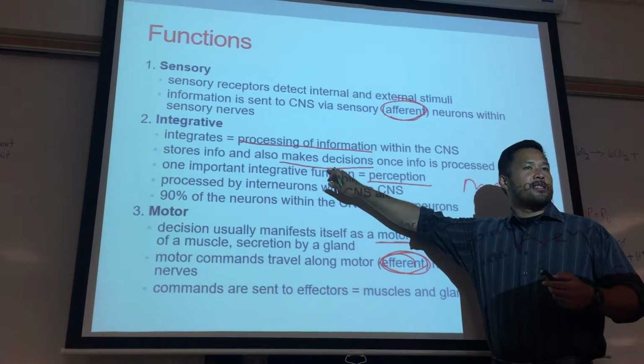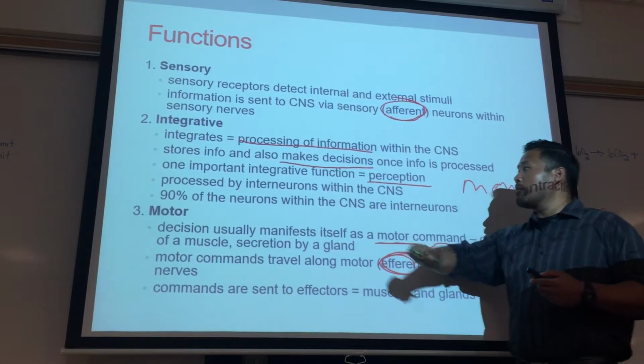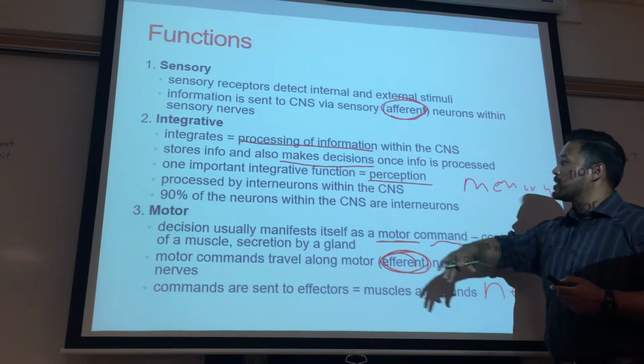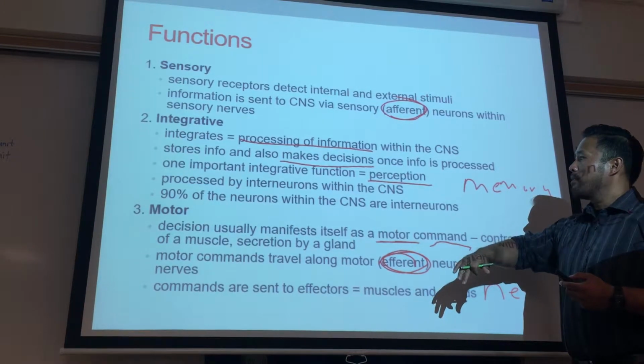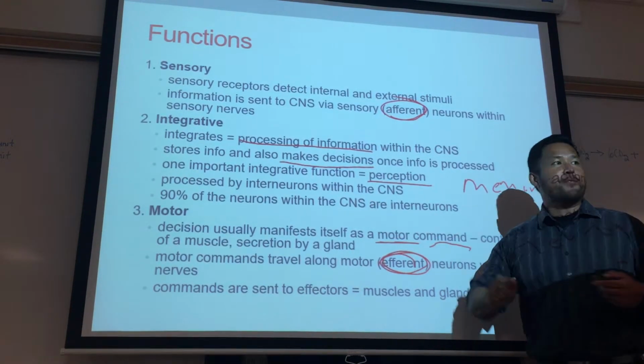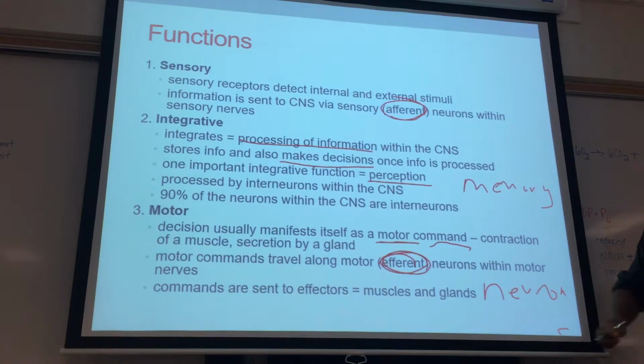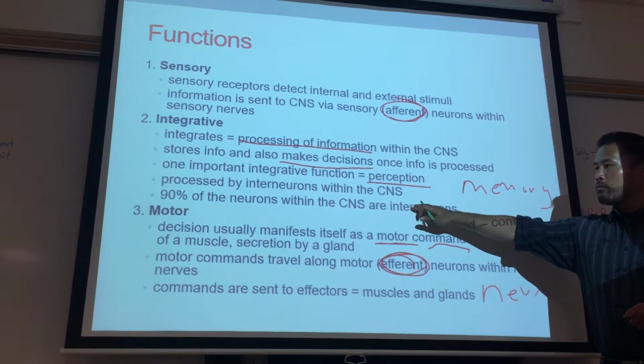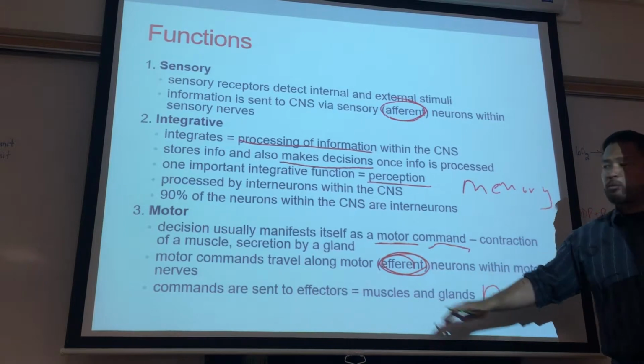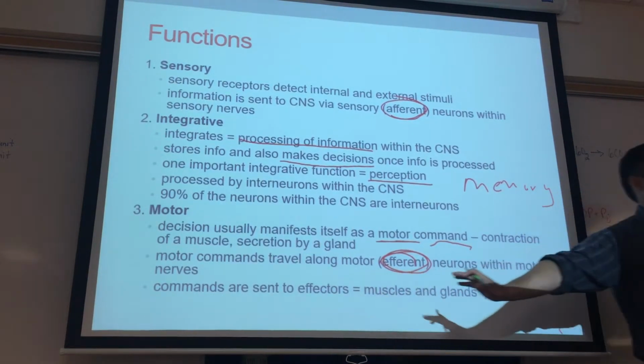It's going to make a decision: is the temperature above or below the set point? And then it's going to send that information out the efferent pathway over to the heating unit to turn it on if we're below that set point. So that efferent pathway, or the motor pathway, would be everything out.